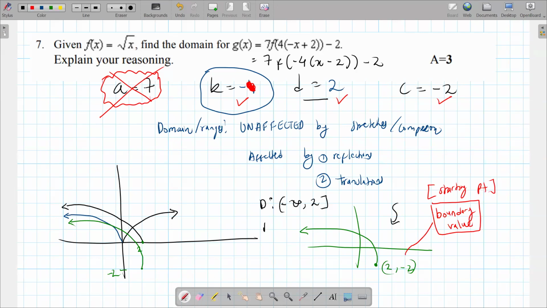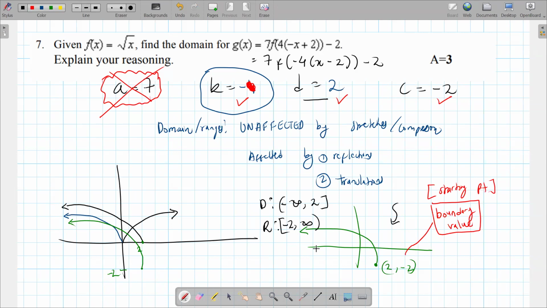What about the range? What's the range for this? Equal to and greater than -2. Perfect, yes. So for the range, we write -2 to positive infinity, and -2 is inclusive.